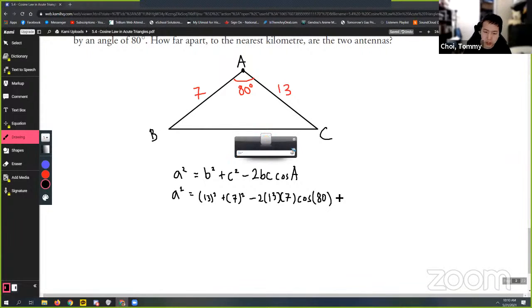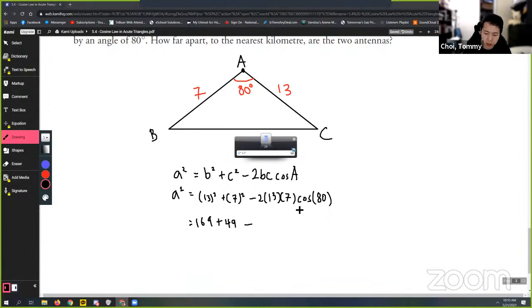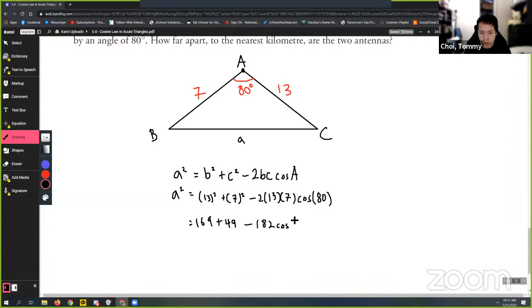So when we start to calculate that, 13 times 13, we get 169. 7 times 7 is 49. And then we do this multiplication here. 2 times 13 times 7 is 182. And then cosine of 80.